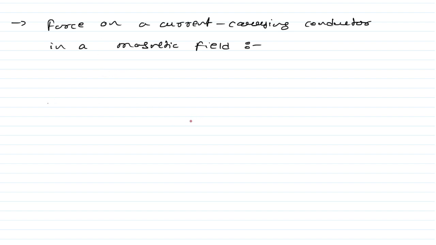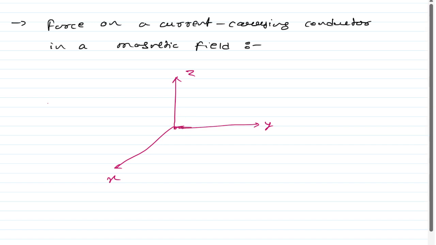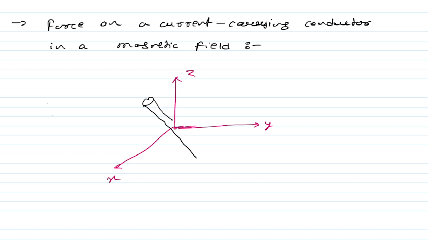Let's see. यहाँ पर हम लोगों ने y axis consider कर लिया. This is z axis, this is x axis and here we are showing conductor at this point in cylindrical shape.